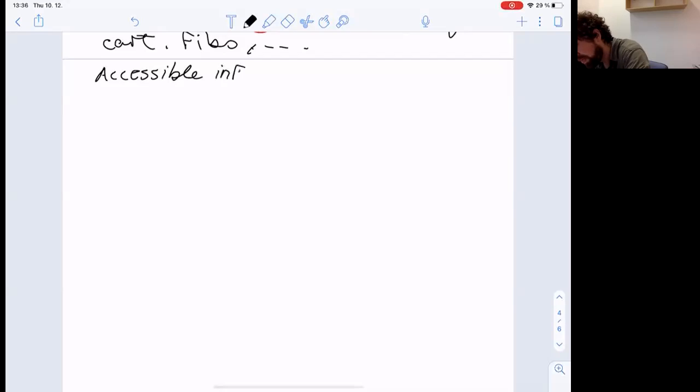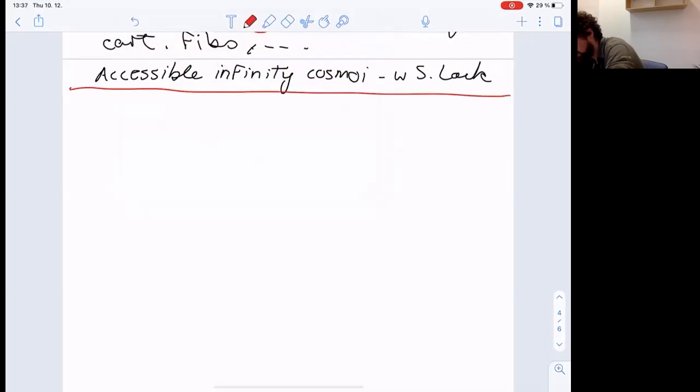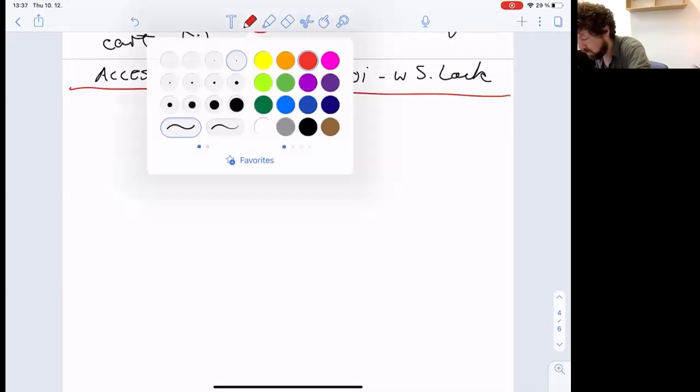So that's everything I wanted to tell you about infinity cosmoi. So now we're ready for accessible infinity cosmoi.